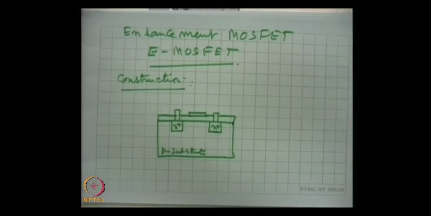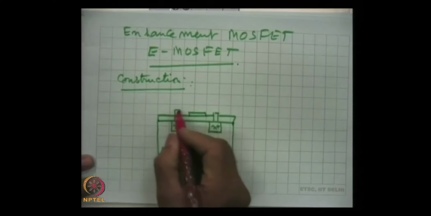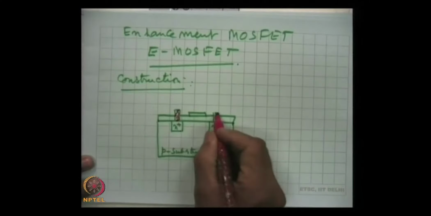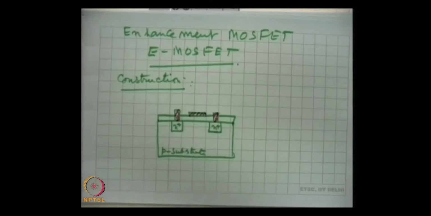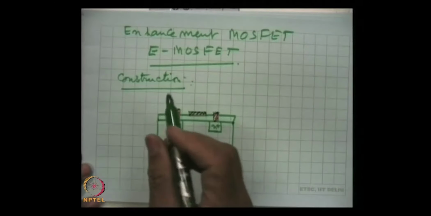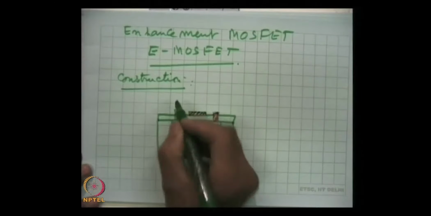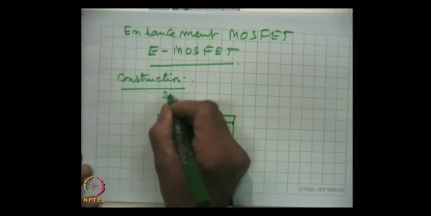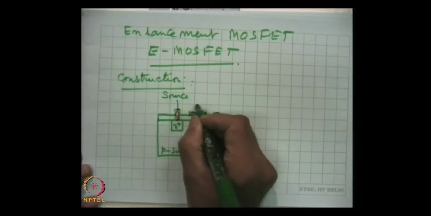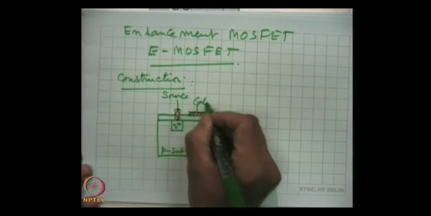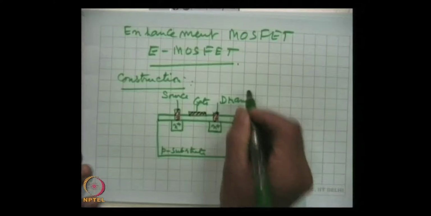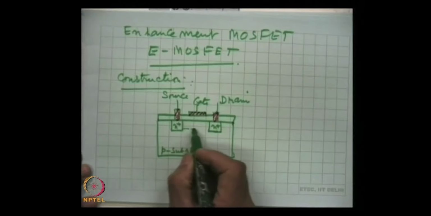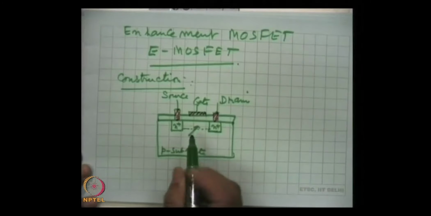So, these are metallic contacts here, here and here. These are the metallic contacts, and this is source, this is gate and this is drain, and this is the channel region, but there is no channel.